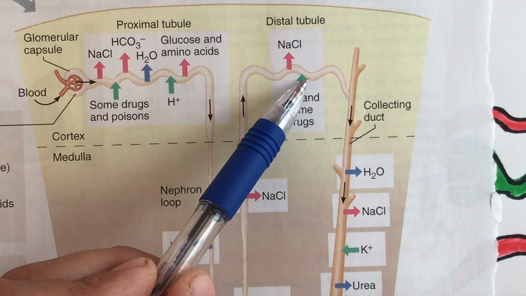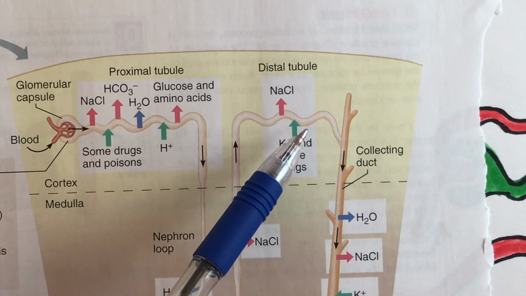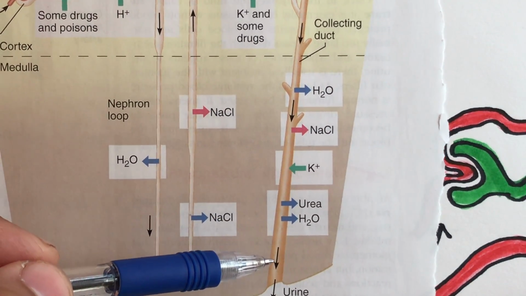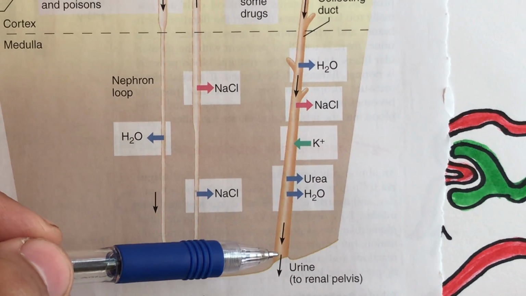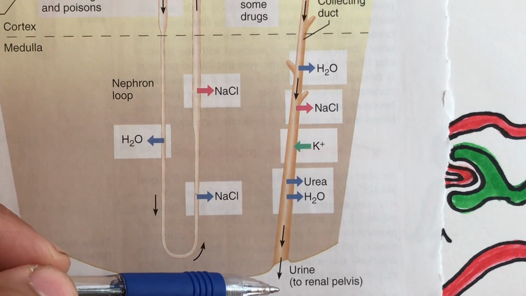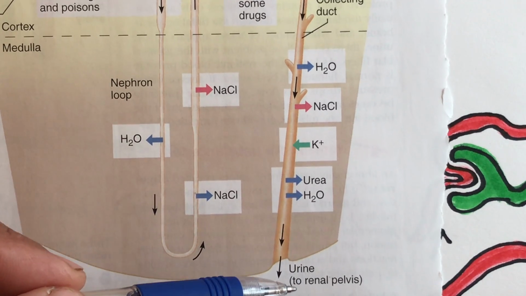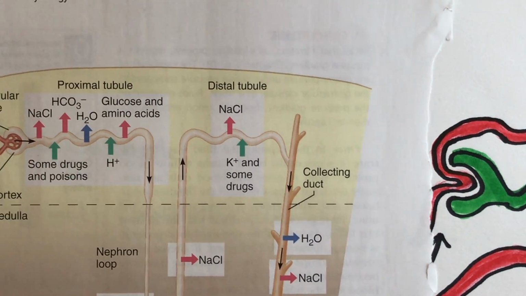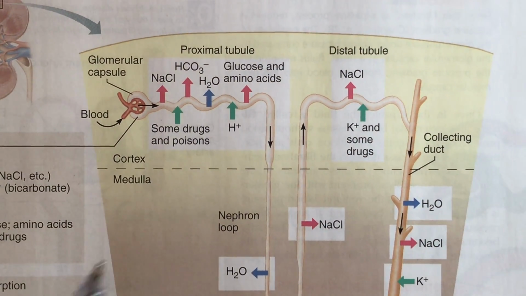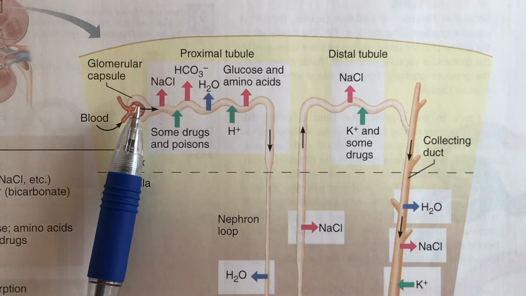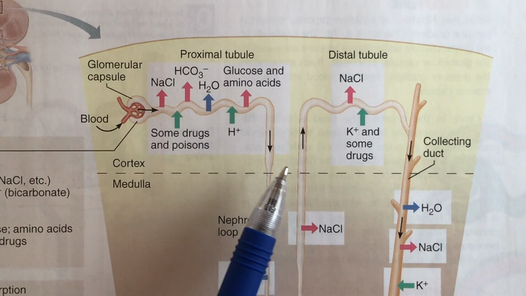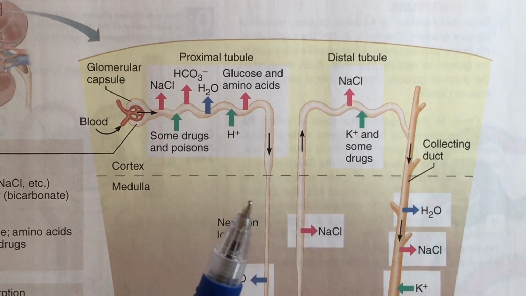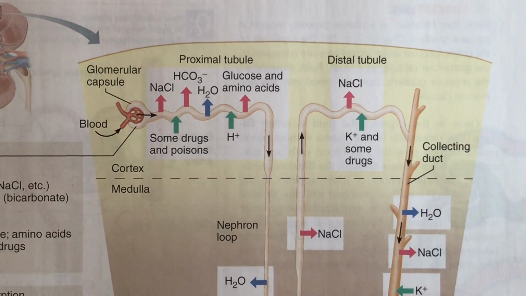Fourth, we have the distal convoluted tubule. And finally, we have the collecting duct. This collecting duct eventually leads into the minor calyx, and then the major calyx, and then the pelvis, and then the ureter. Okay, now it's up to you to know what is occurring in each of these steps. What is occurring and why? And how does that contribute to maintaining blood homeostasis?